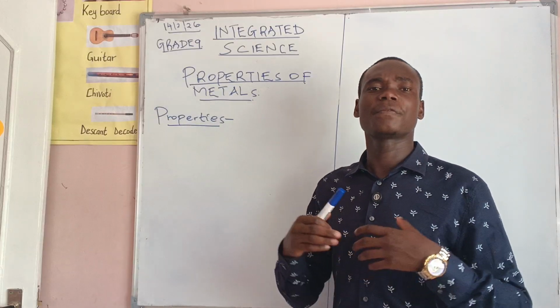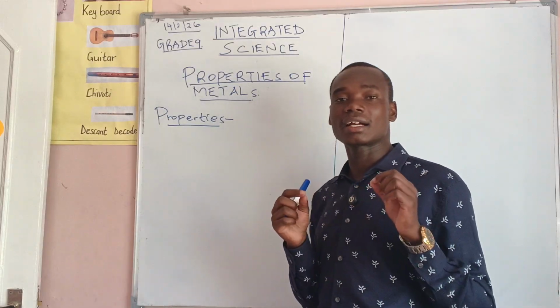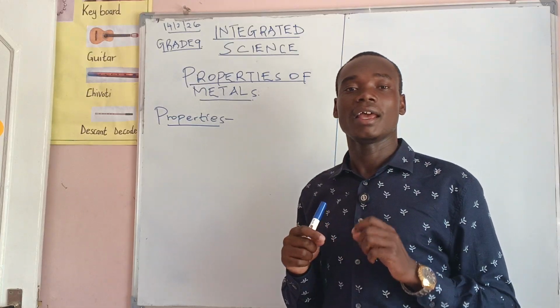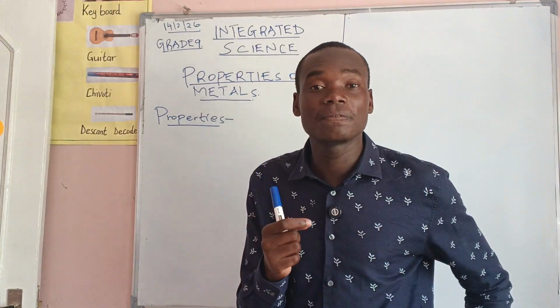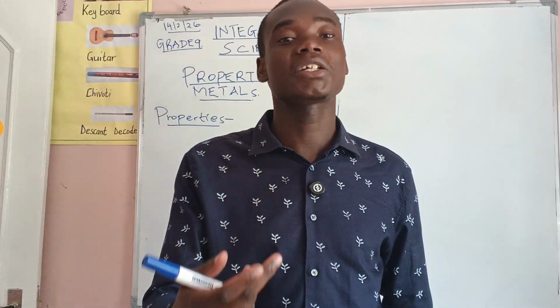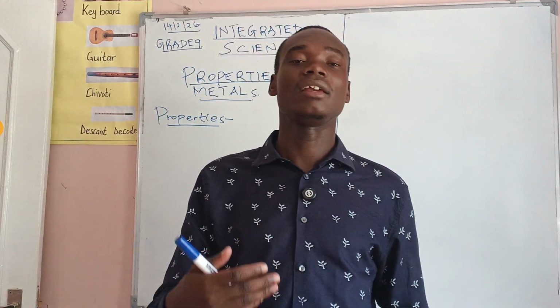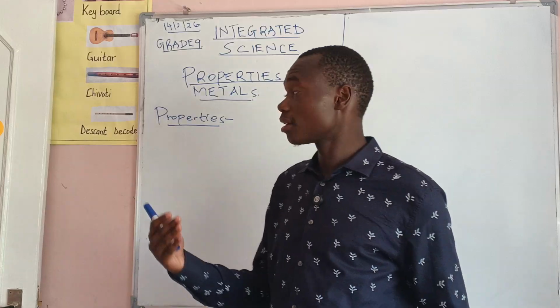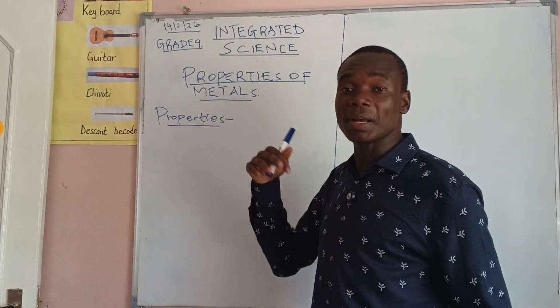We want to look at the features, the characteristics a particular metal has. Any element that qualifies to be a metal, what are its characteristics? What are its features? What are its properties?